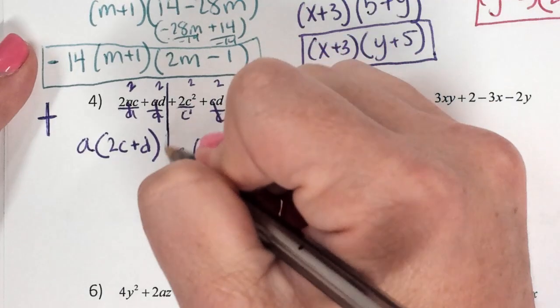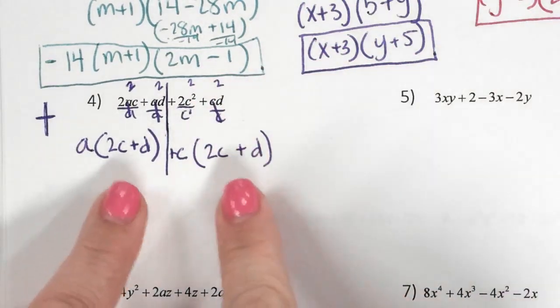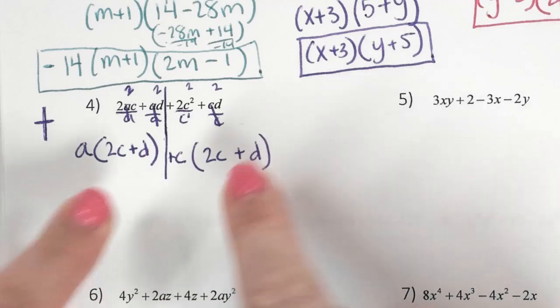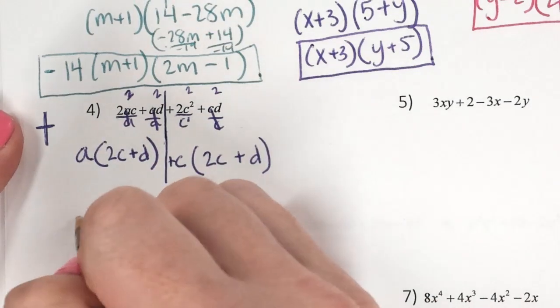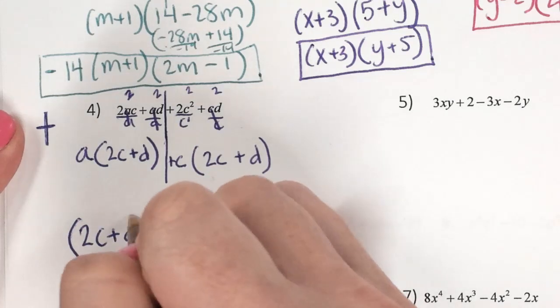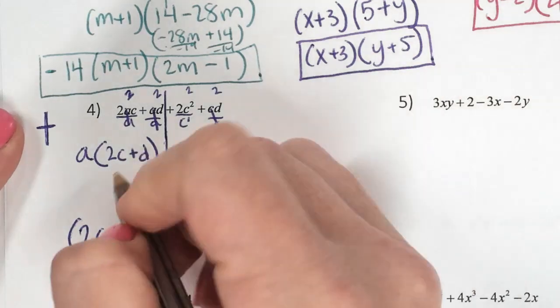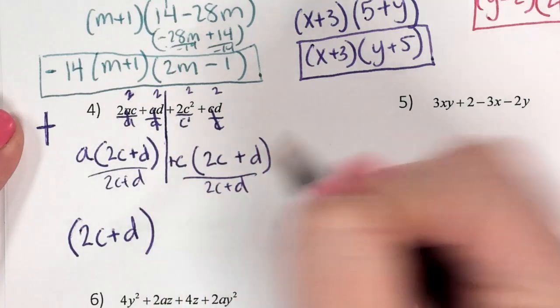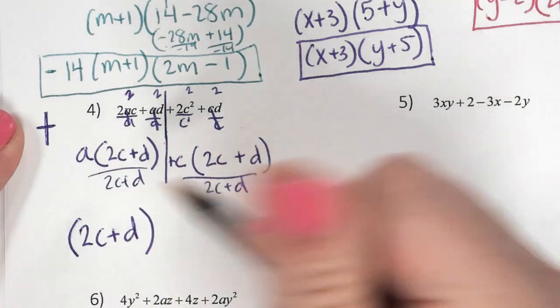Now it's still cut in half. Do my parentheses match? That means I take it out now as a GCF. So 2C plus D is my GCF, which again, remember, we're technically dividing that out. Now, it's easy to just cross it out and not divide it out. You don't have to show that step.